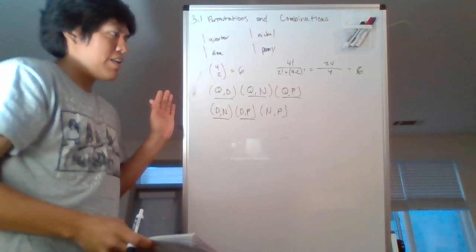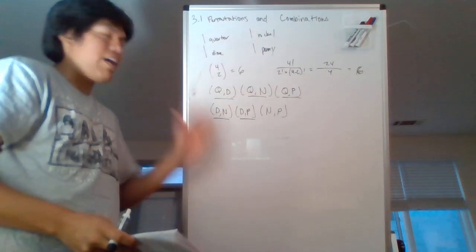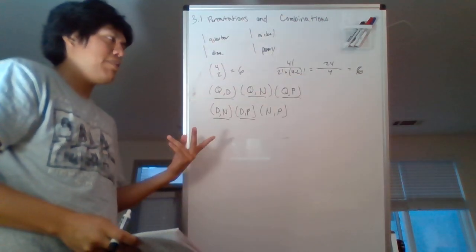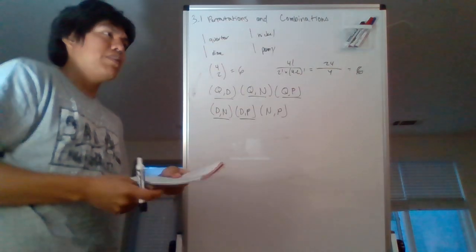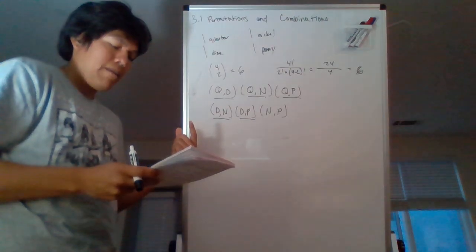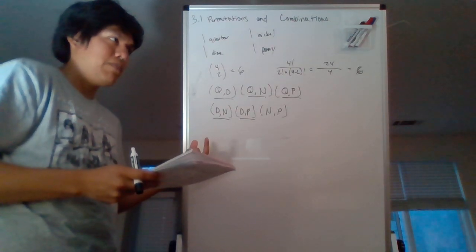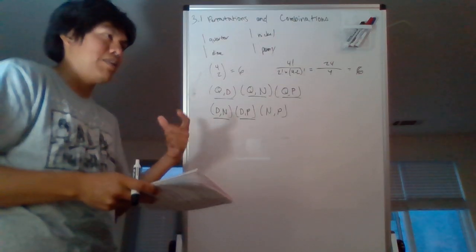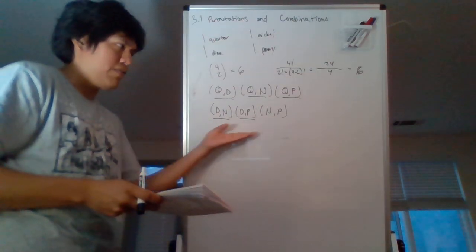So the probability is 5/6 because 5 of the combinations have either a quarter or a dime. So the probability that we pull out either a quarter or a dime from any of the subsets that have 2 coins is 5/6.